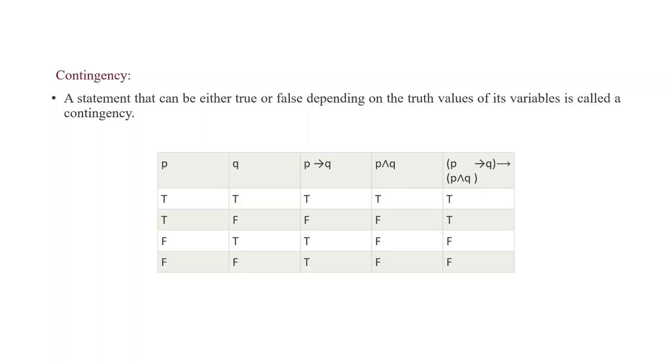Some values are true and some are false, meaning there is a mixture of T and F. Then this is called a contingency. So stop here.